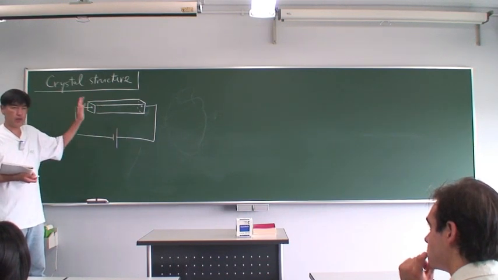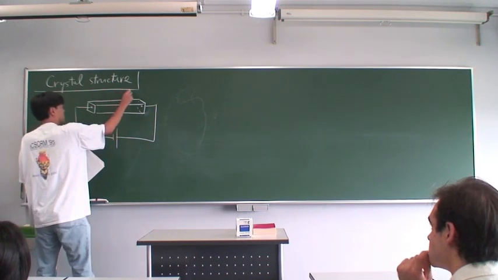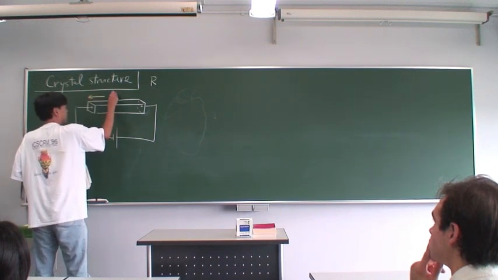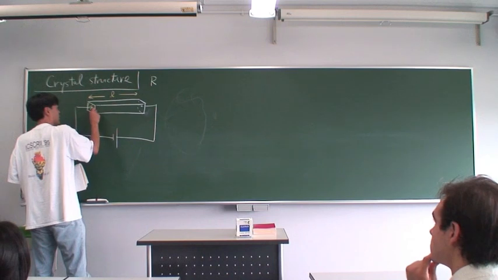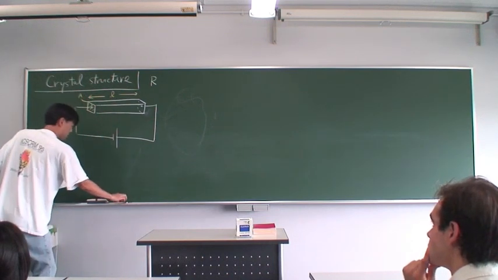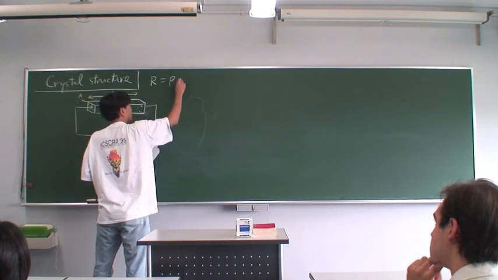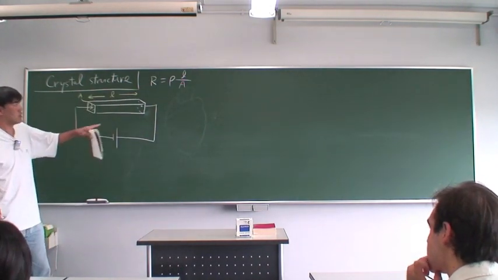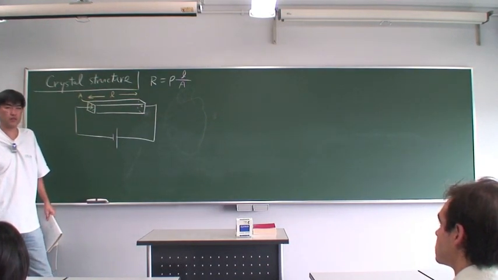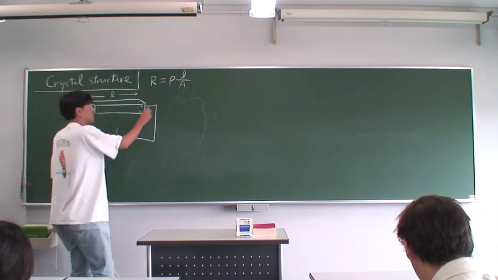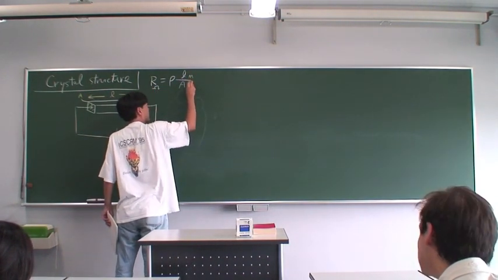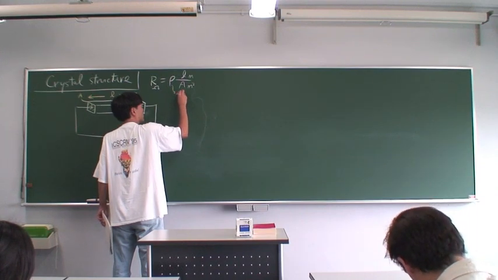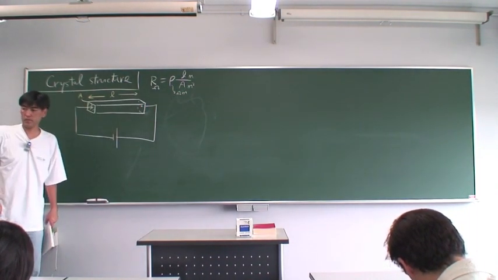Because it's a conductor, we have resistance R, and resistance R is given by, if I define L the length, and the area A, R equals rho L over A. R becomes long with L and small with A, right? And here, rho is known as the resistivity. So this is ohm, this is meter squared, so naturally, this is ohm meter. That's the unit.